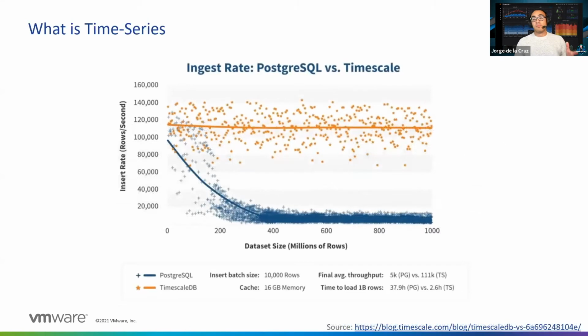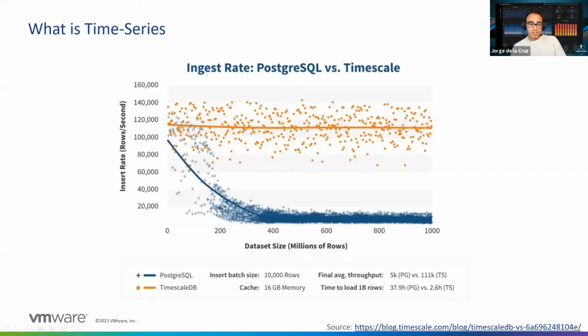But now put it in perspective, because I mentioned as well, of course, my lab is really small, but if you put this in production and you start to monitor thousands and thousands of VMs, you will see the difference between a non-purpose built database and a time series database. For example, just a quick example here between PostgreSQL versus Timescale, which is another time series database similar to InfluxDB.